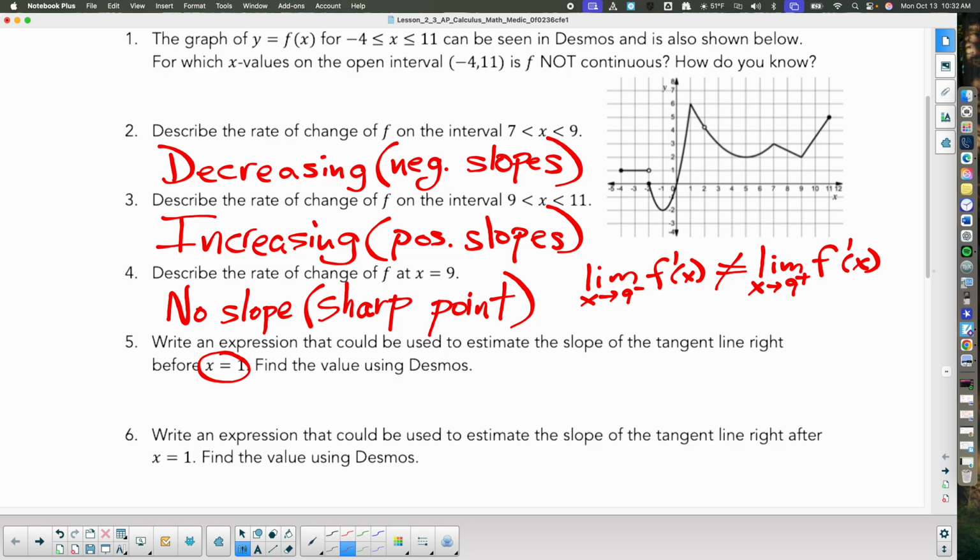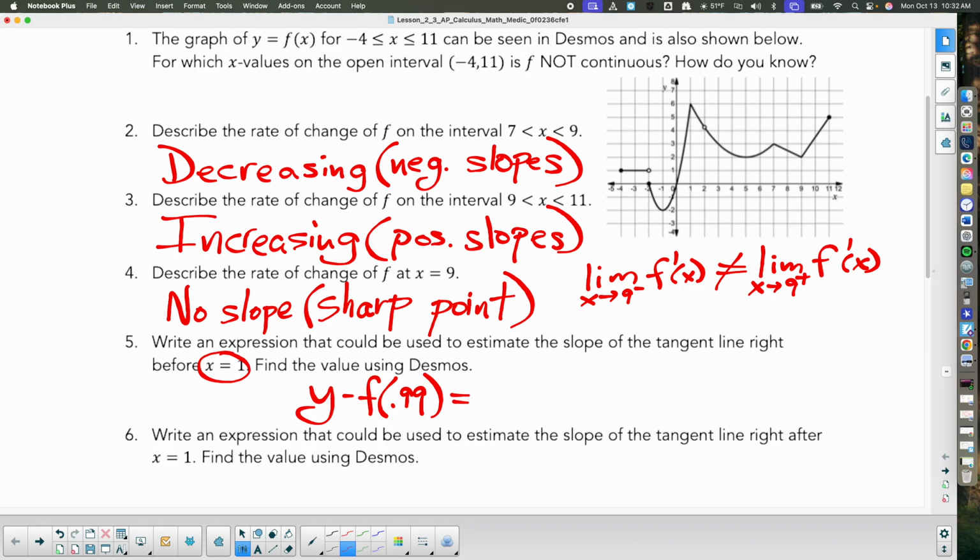Okay, now point slope form, which quite a few people asked me about when we were doing it, I think it was 2.1. So we're going to have y minus, what two numbers should we use right before x equals 1? We'll just pick any two. Should we do like 0.98, 0.99? Sounds good. Okay, so I'm going to do y minus f of 0.99. So this is like y minus y1.